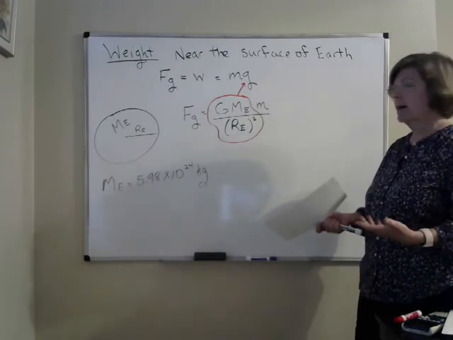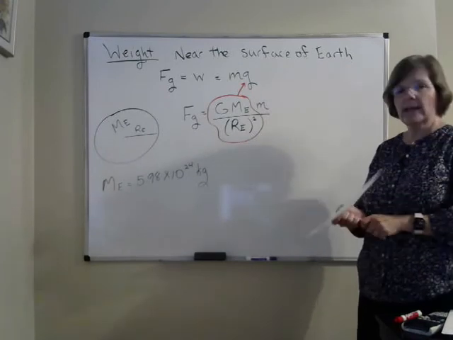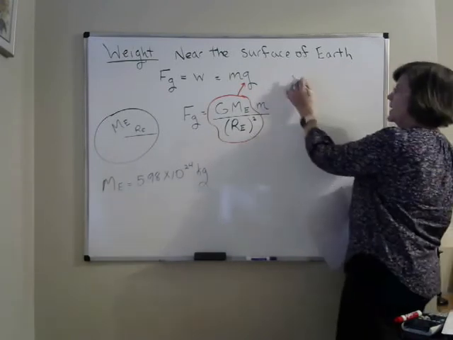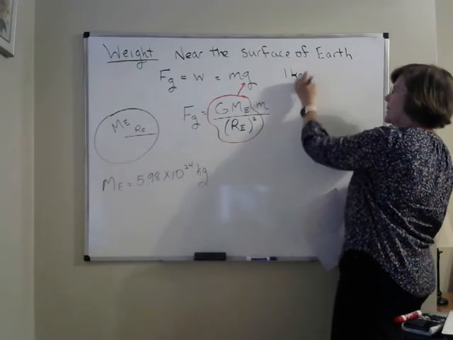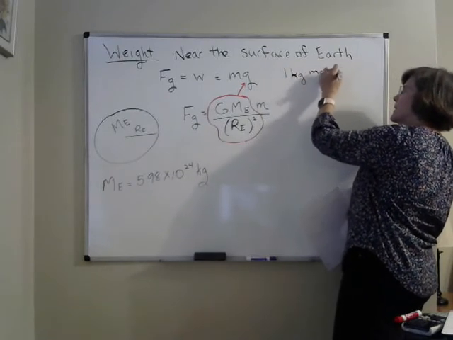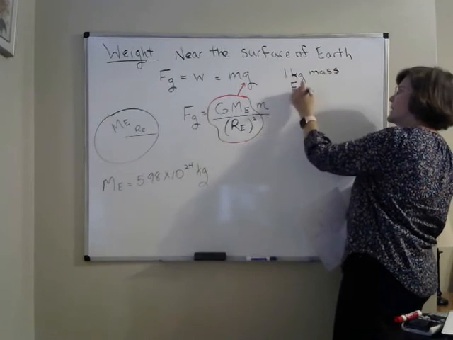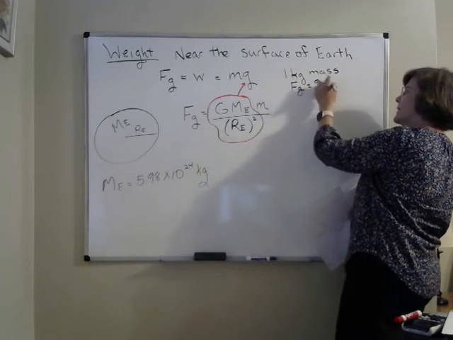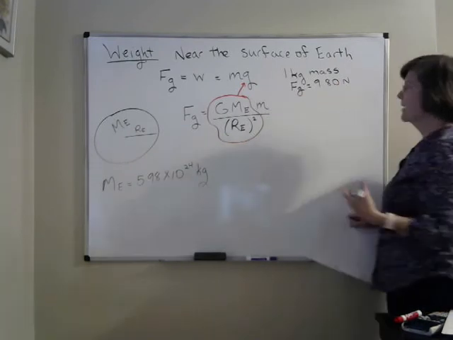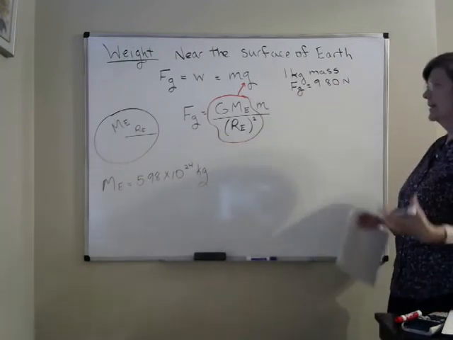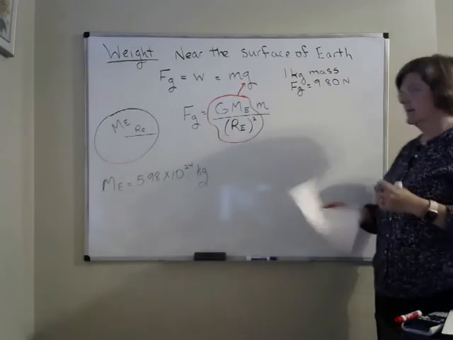Somebody had already calculated, I can show you that in a minute, that a 1 kilogram mass has a force of gravity of 9.80 newtons, and that the acceleration due to gravity was 9.8 meters per second squared. We'd already calculated all of that.